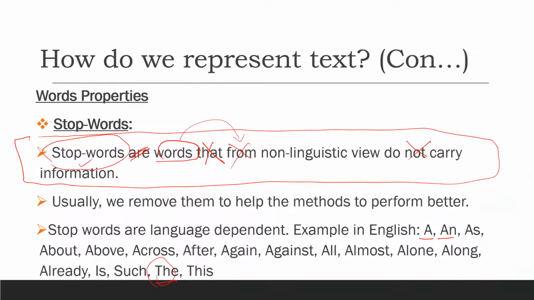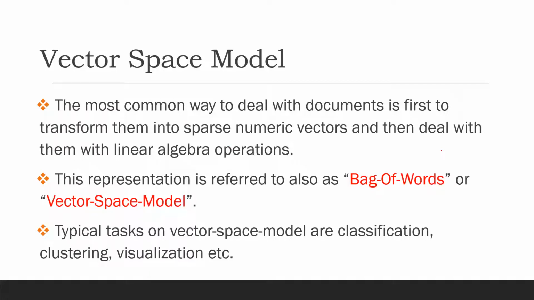Okay, now we will move to the vector space model. This is one of the models we use for text mining purposes, where we can use the vector space model on documents.